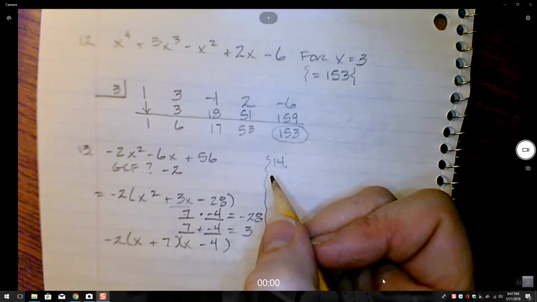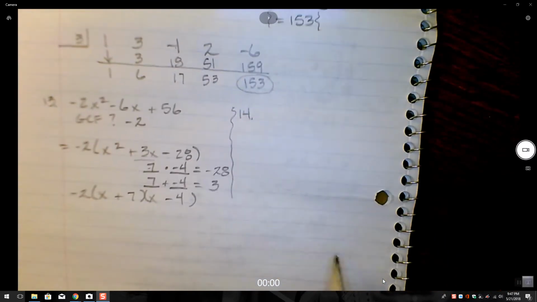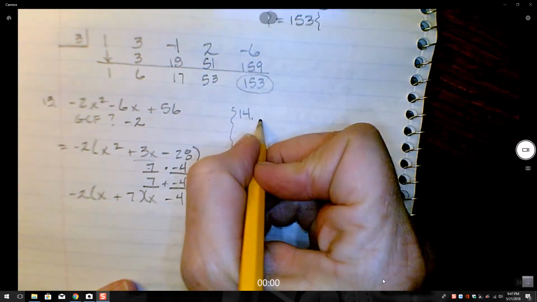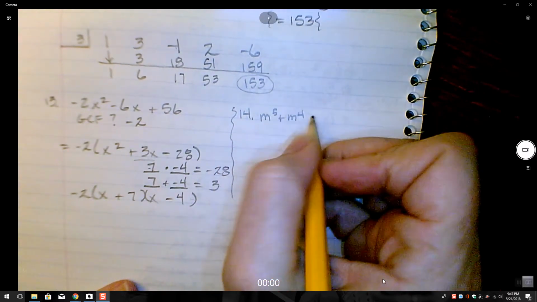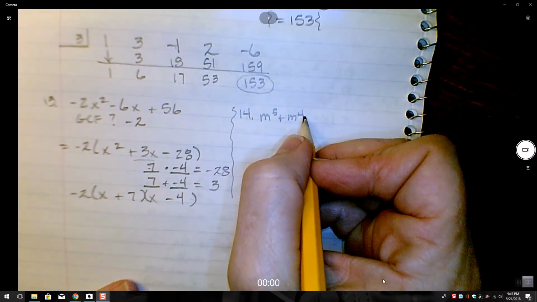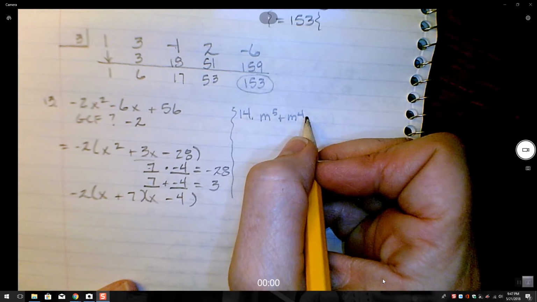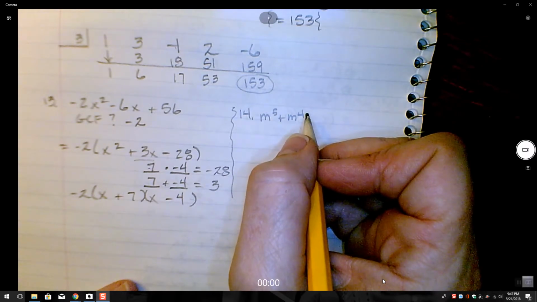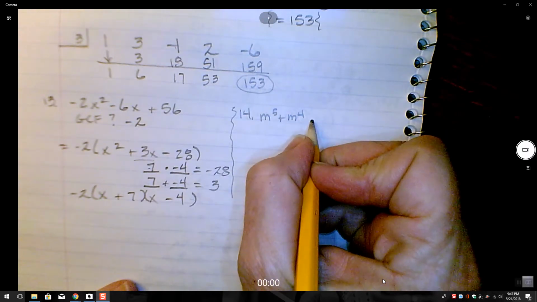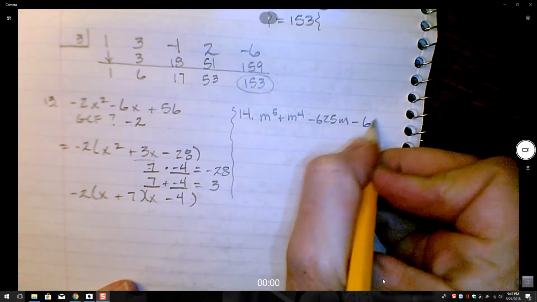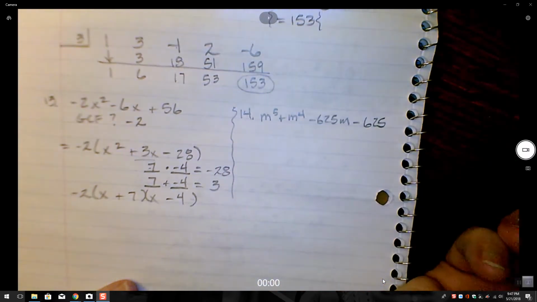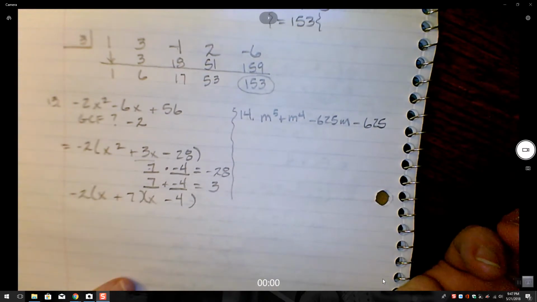Alright, I need a little more space for this one: m to the 5th plus m to the 4th minus 625m minus 625. So perhaps grouping.